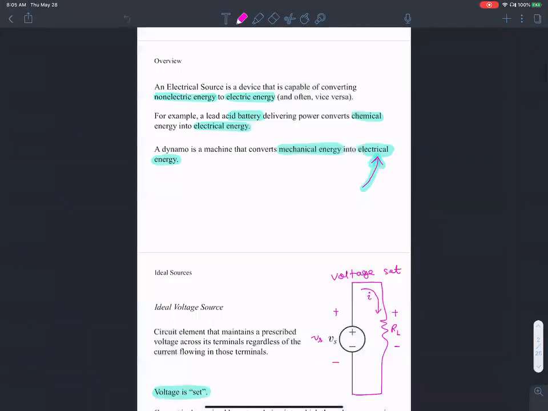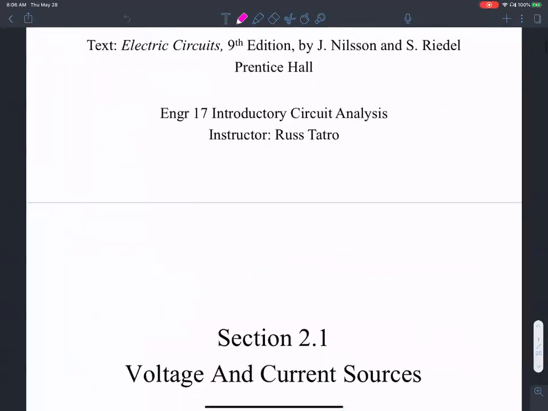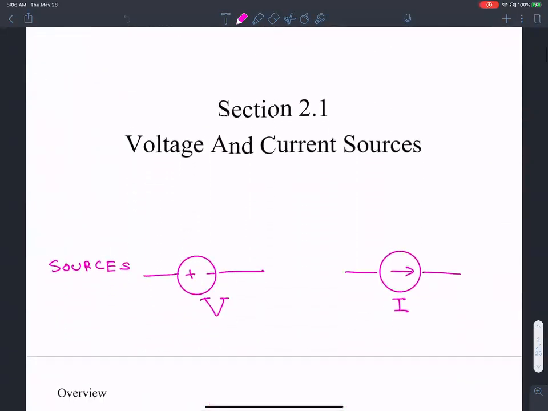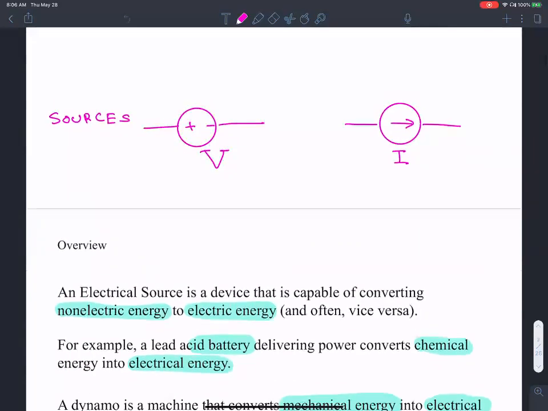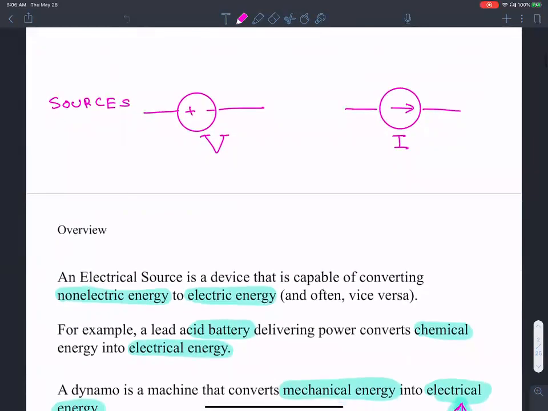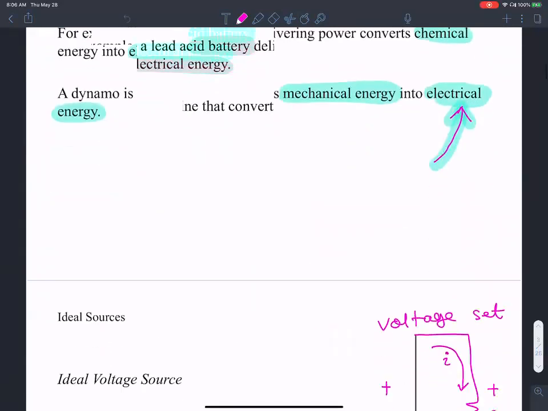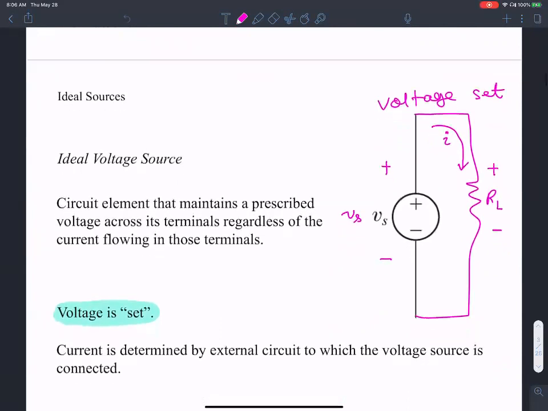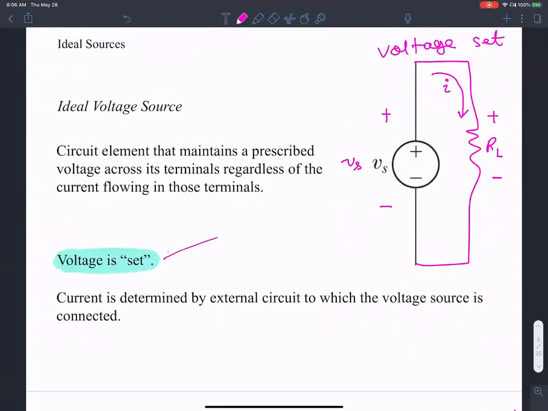We didn't stop there. We went on to chapter 2, which is circuit elements. When it comes to circuit elements, we started looking at voltage and current sources. We started with independent sources, and then went on to dependent sources. A voltage source is a circuit component whose voltage is set.